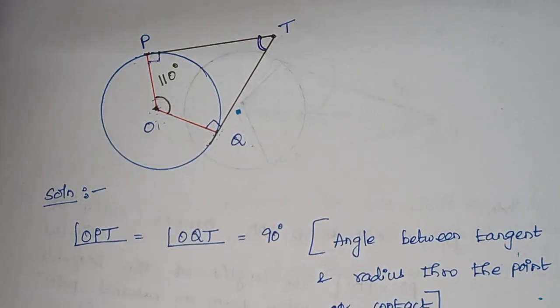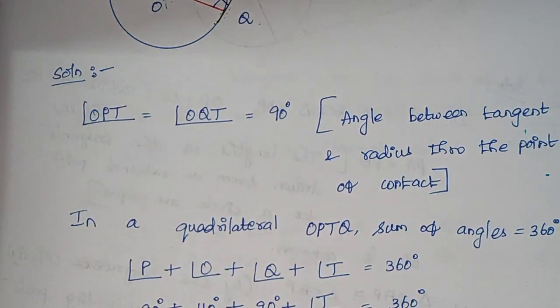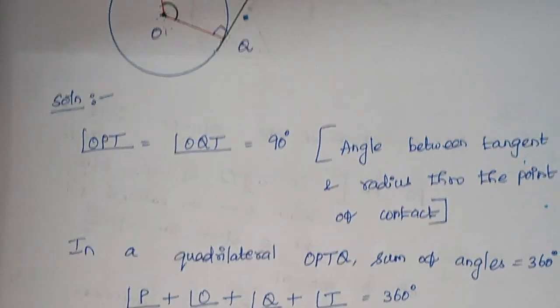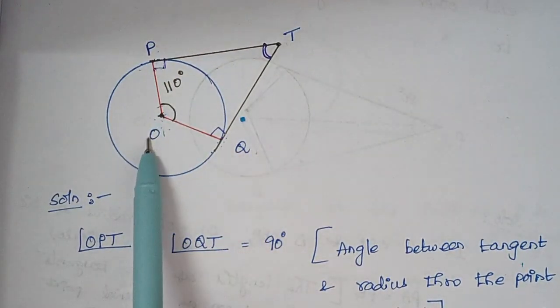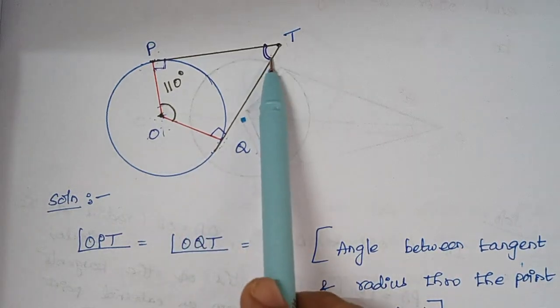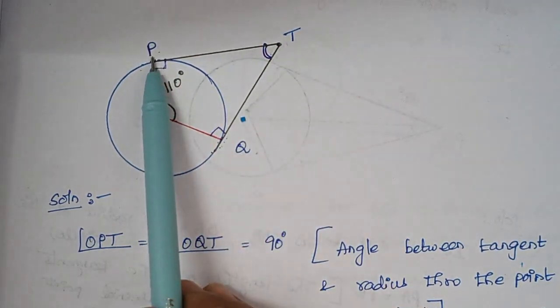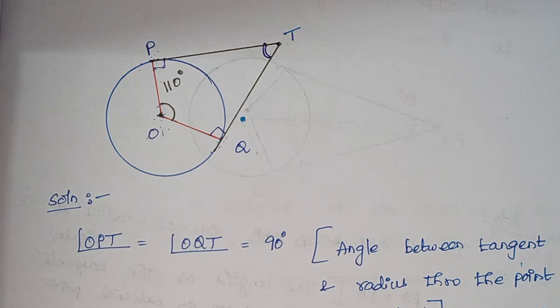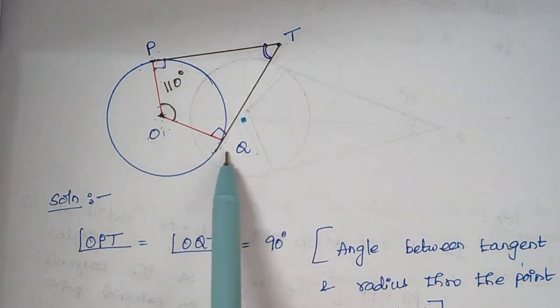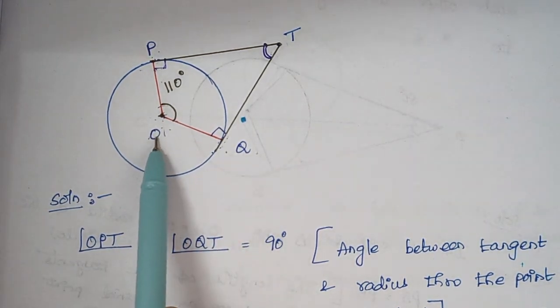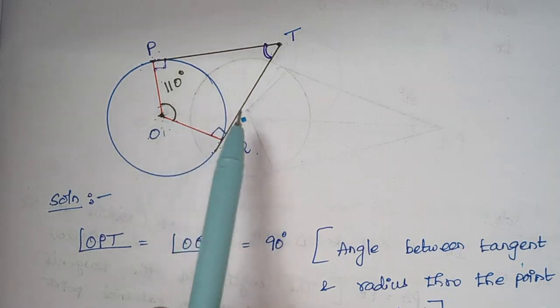So just write down the values initially: angle P, angle O, angle Q and angle T. The value of angle P is 90. The value of angle Q is again 90. And the value of angle O is given in the problem, it is 110.